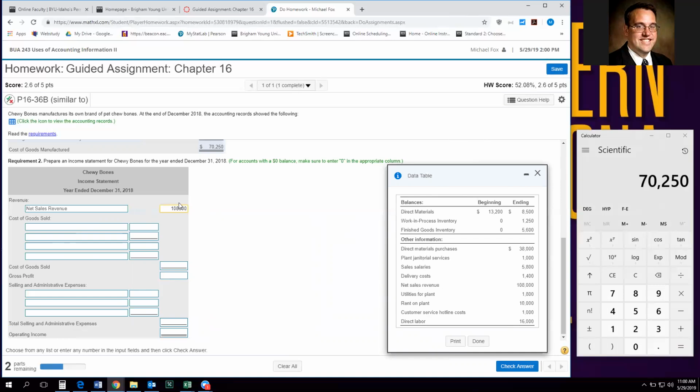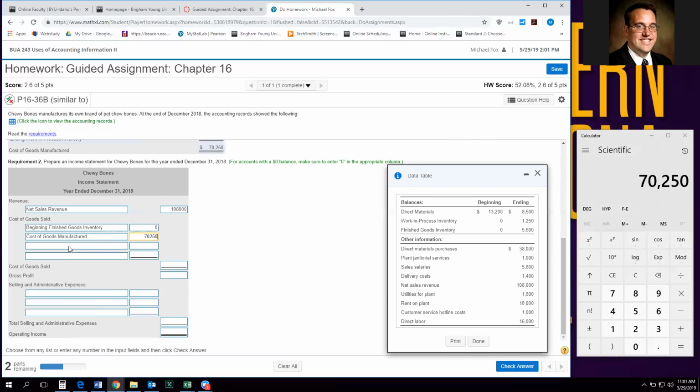Then, instead of like when we're working with a merchandising company where we just know what the cost of goods sold is, here they want us to calculate it. So we're going to have a beginning finished goods inventory, which was 0. Then we're going to add our cost of goods manufactured, which is what we just calculated up here, 70,250.